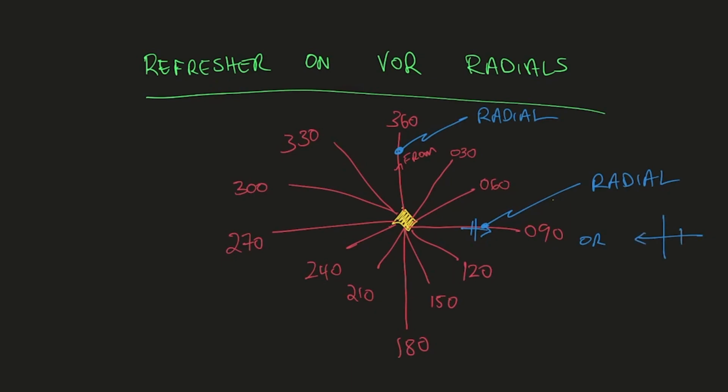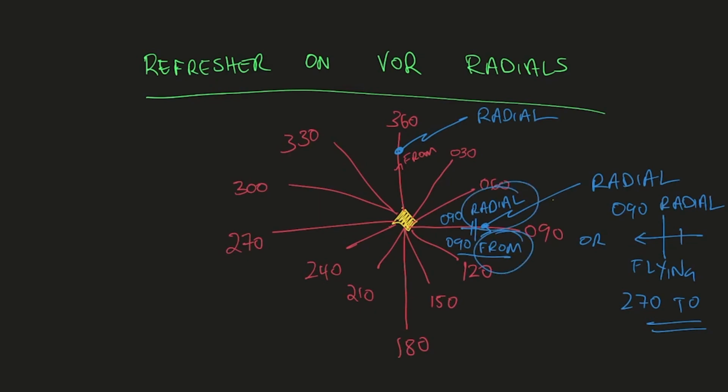Now, if you're flying towards the VOR, like in this one, you're on the 090 radial flying to the 270 radial. You're going towards the 270 highway. So you're flying to the radial. If you're flying away from it, like this image is showing, you're on the 090 radial flying from the VOR.